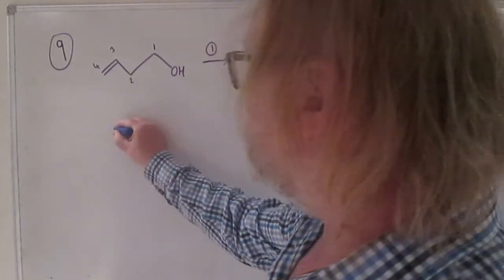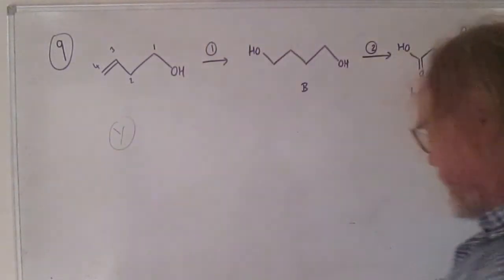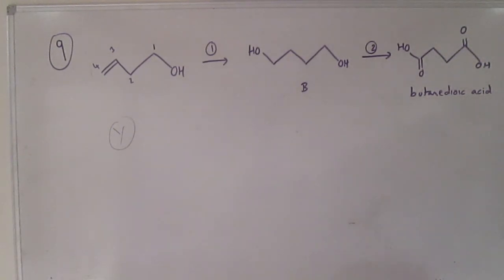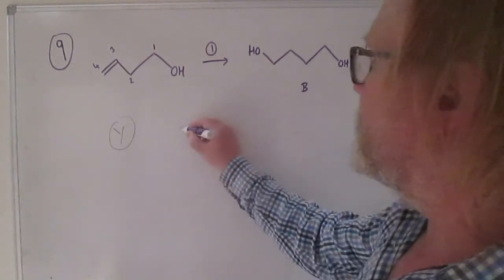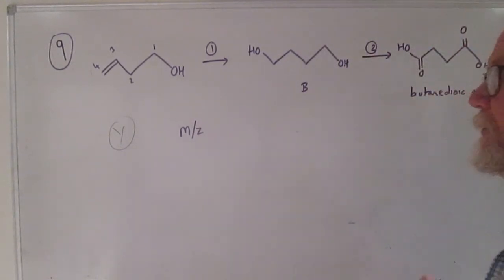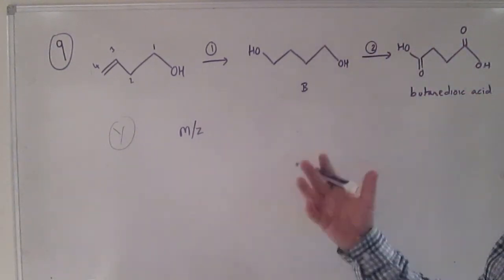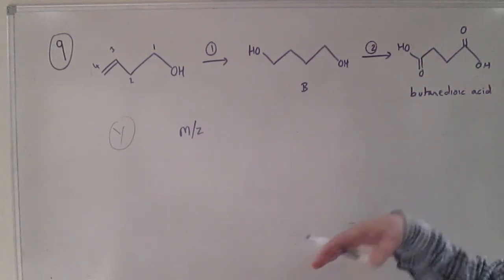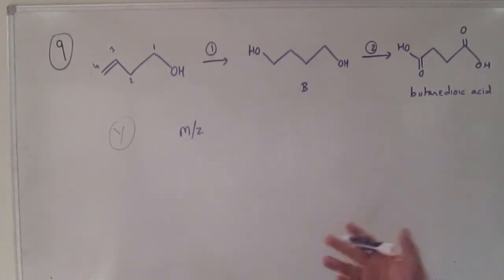Part 2 then introduces compound Y, and the information that we have to help us identify that is this time based on mass spectrometry rather than infrared. So in mass spectrometry you get these m over z values, which stands for mass divided by charge, but for practical purposes these equate to the relative masses of ions corresponding either to the whole molecule, which are called a molecular ion, or to fragments of the molecule.